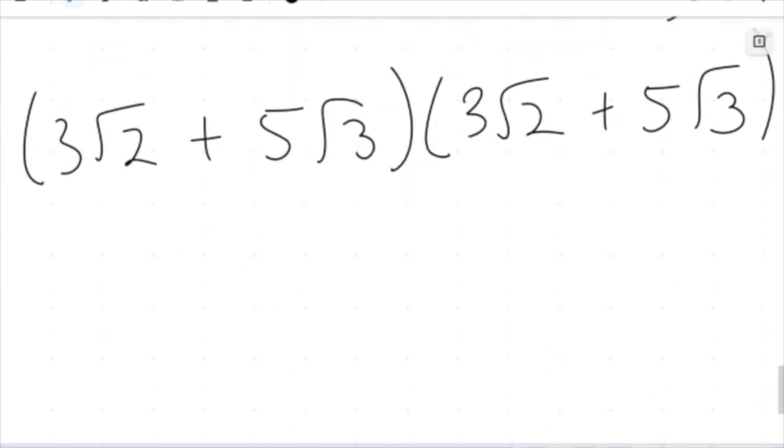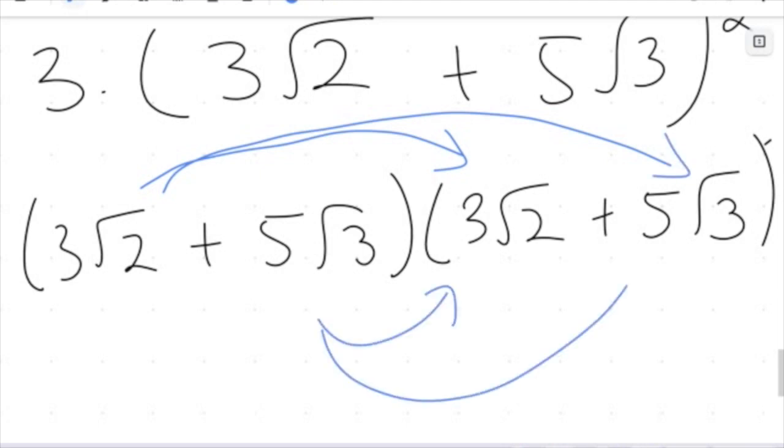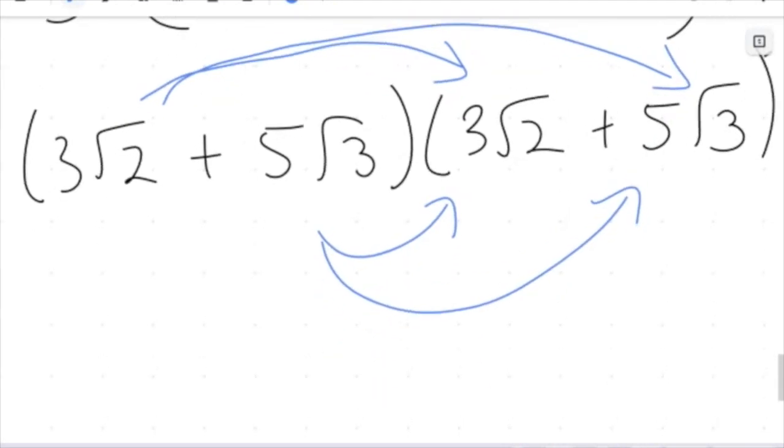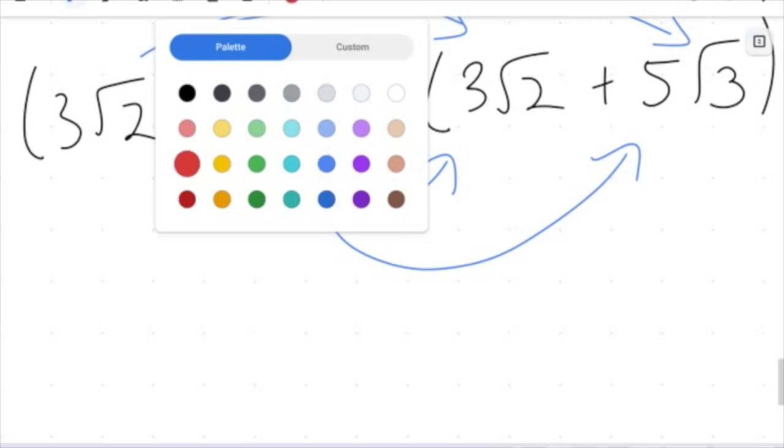Okay, and we're just going to use our FOIL method. So we're going to multiply this here, these here, and these here. So 3 root 2 times 3 root 2. Let's actually just do this the long way.